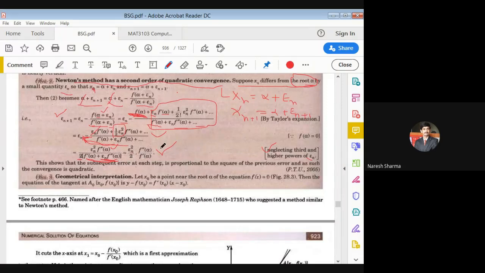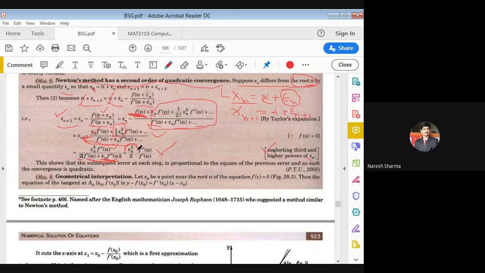So if you see here, epsilon n plus 1 is proportional to the square of your previous error, because if xn is the approximation of the root and alpha is the exact root, that is the error in that. So it is the square of your previous error.